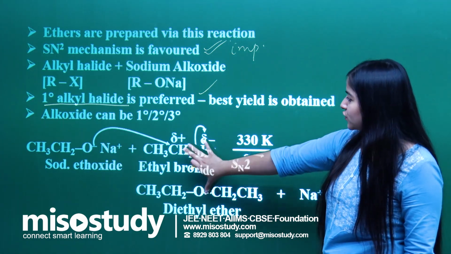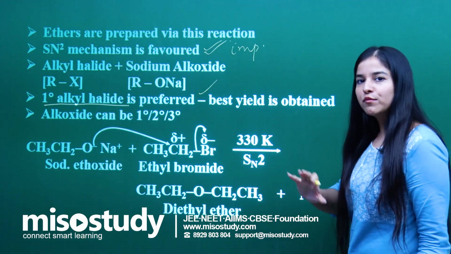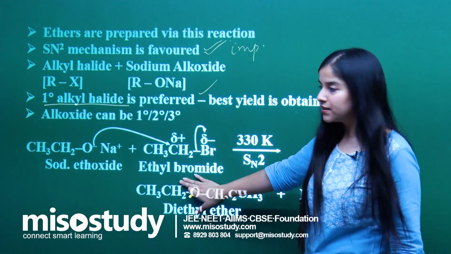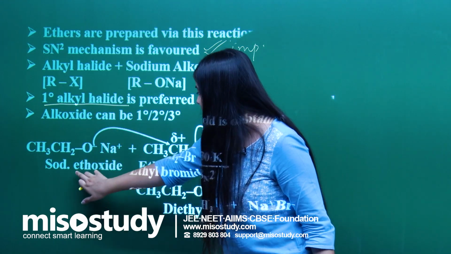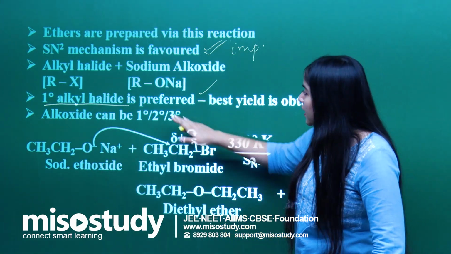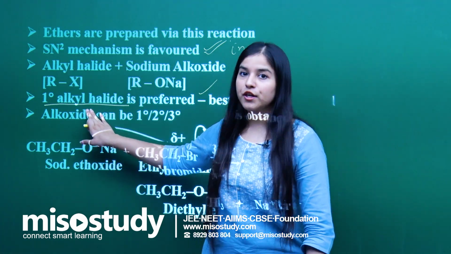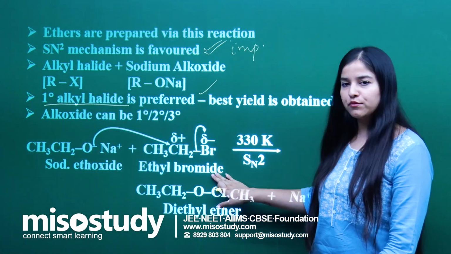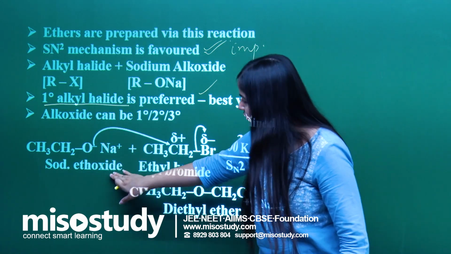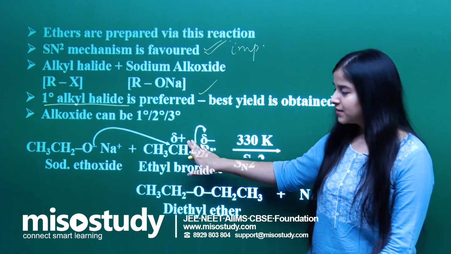Now let us go on to a very basic mechanism, so that you are able to understand what I am telling right here. As I have taken the alkyl halide right here, ethyl bromide. Since I had mentioned that primary alkyl halide has to be favorable, that is why I have taken ethyl bromide along with sodium ethoxide, going to be the base, going to attack, right?